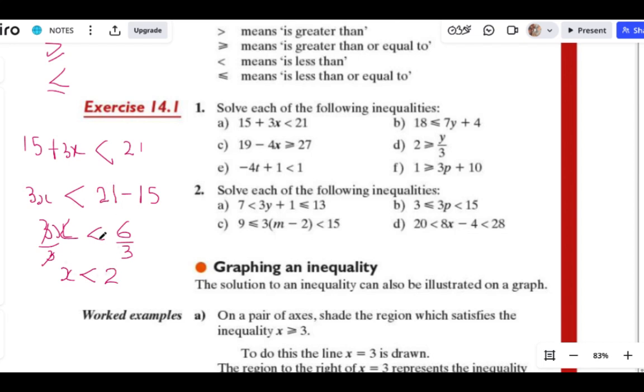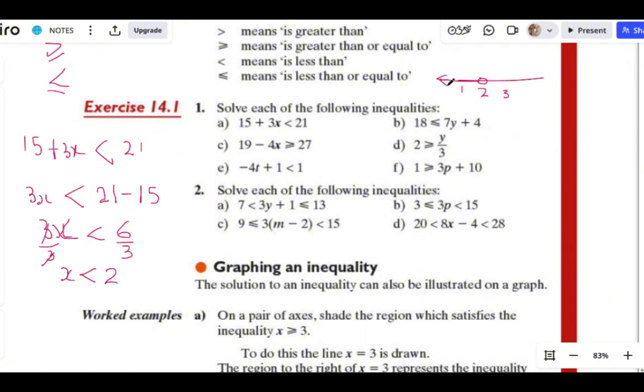We also learned how to represent this on a number line. X is lesser than 2. We draw our line and mark 1, 2, and 3. Since x is lesser than 2, lesser than goes to the left, so we draw the line to the left.